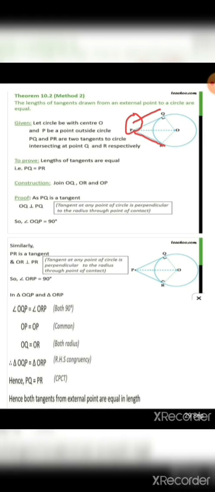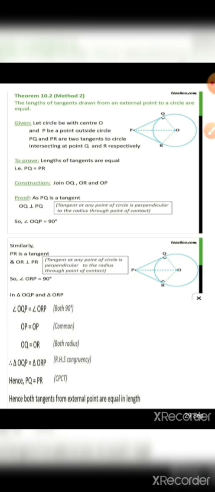What are the things given here? First step, you have to draw the picture. After that, you have to write the given.